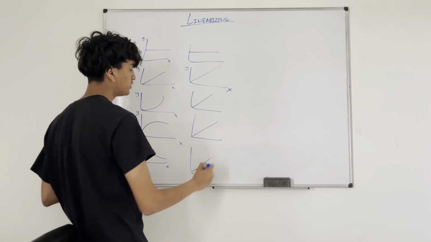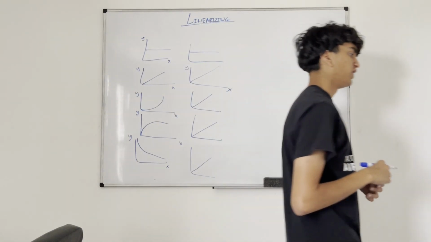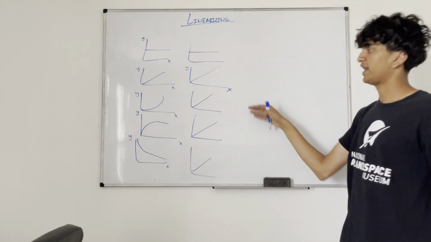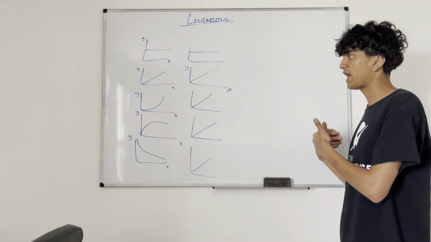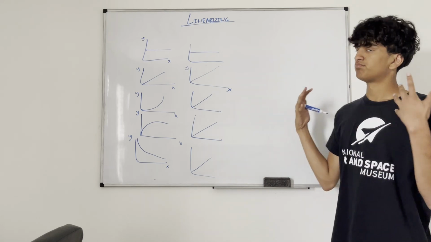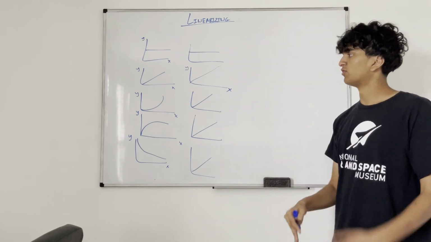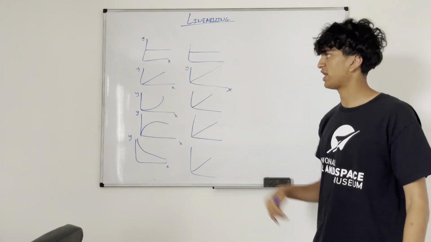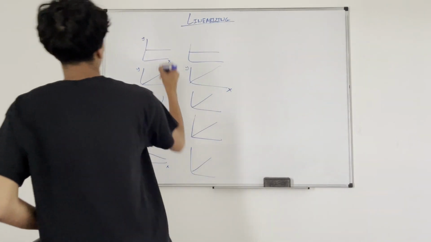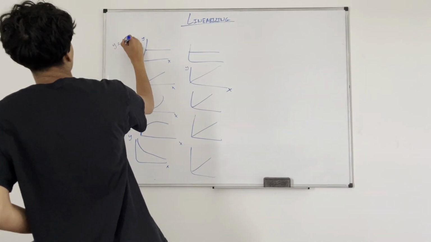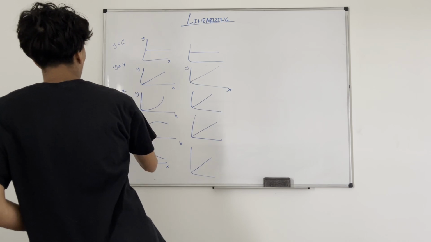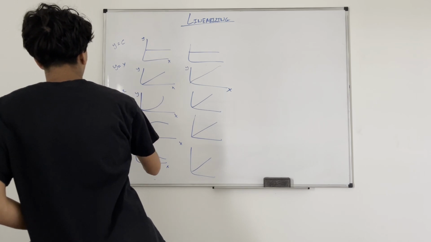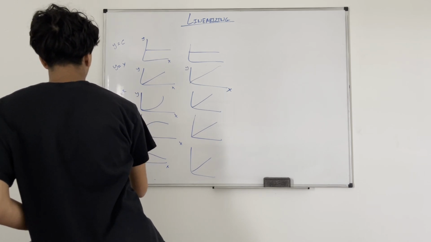So the way you linearize is, instead of graphing y and x, you have to graph something different so that it ends up as a linear. For example, for quadratic, and I should probably say which one is which: y equals c, y equals x, y equals x squared, y equals root x, and then y equals 1 over x.